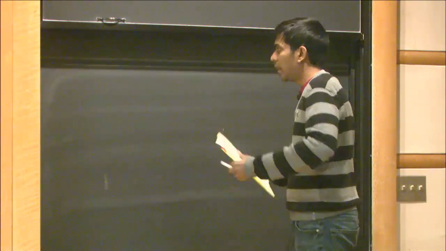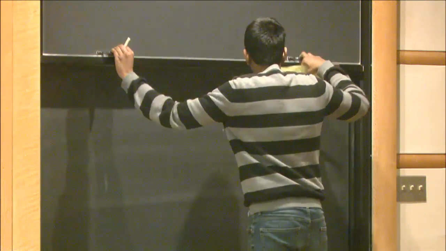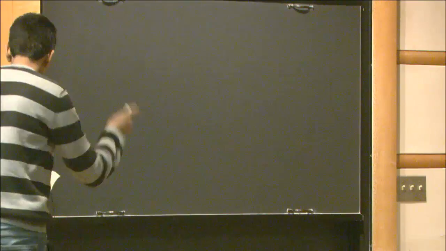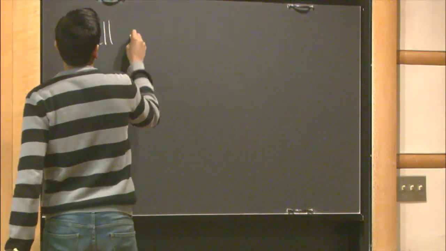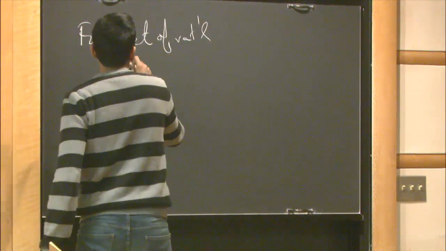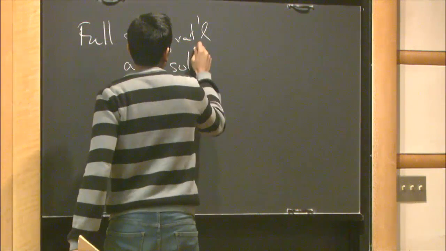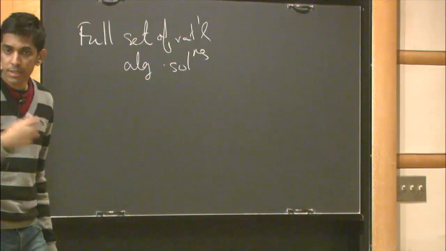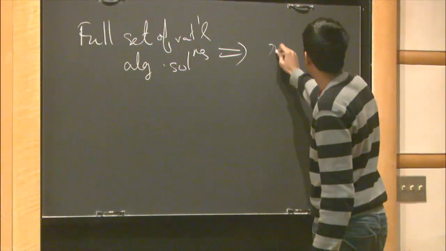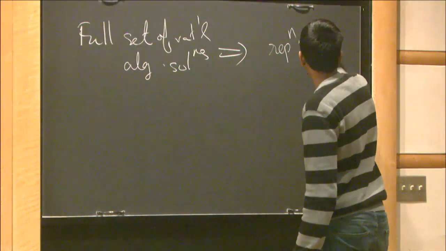And so if you were to have algebraic solutions, so if we were to have a full set of rational algebraic solutions, then of course you will have a full set of analytic solutions, and that's the same as saying that your representation is trivial.